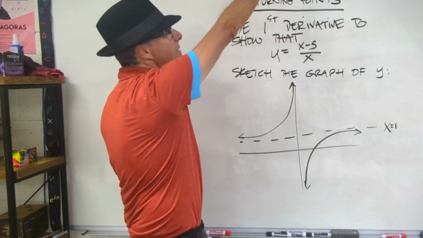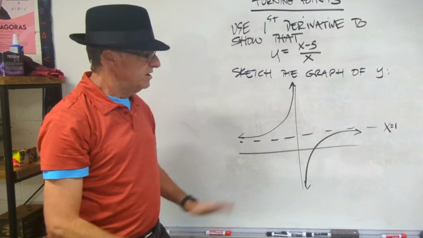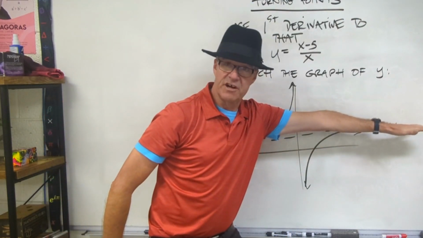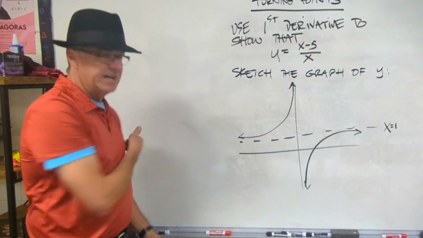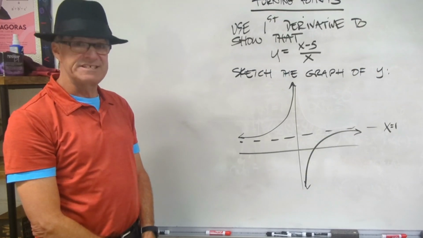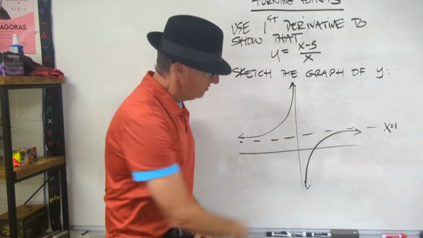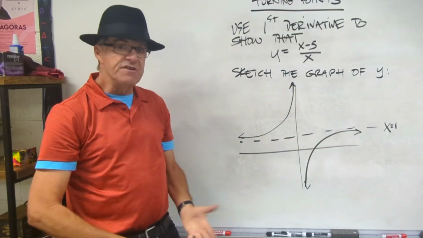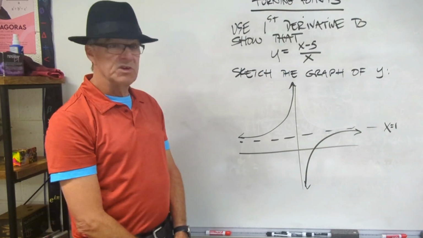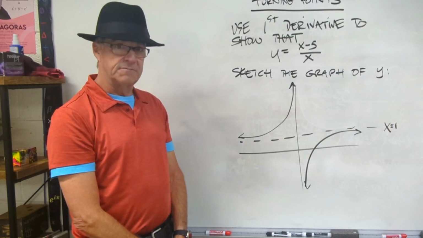This function just goes up forever, positive in the y direction, goes negative in the y direction forever, it goes positive in the x direction forever, and negative in the x direction forever. So it's increasing everywhere except at x equals 0, at the vertical asymptote. There, the function is undefined. We cannot graph the function, we cannot talk about the function because we have a divide by 0 problem.